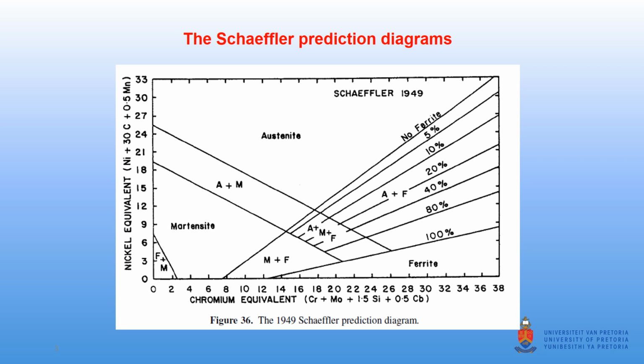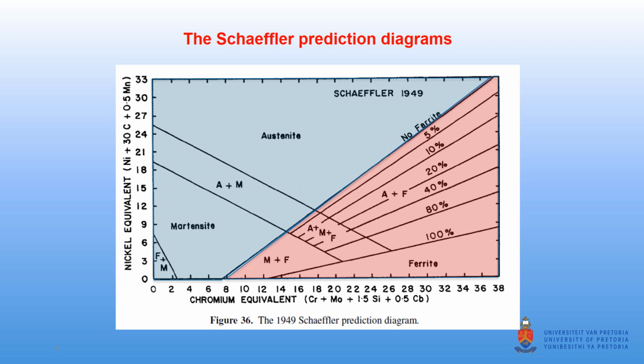On the y-axis, you have the nickel equivalent from 0 to 33, which is calculated using the formula in the brackets. The formula includes nickel, carbon, and manganese, which are strong austenite formers and stabilizers. The x-axis consists of the chromium equivalent from 0 to 38. The chromium equivalent formula in the brackets includes strong ferrite formers assigned different coefficients.